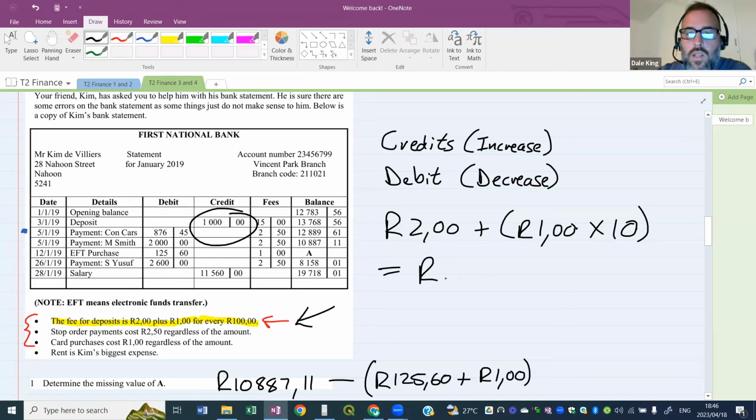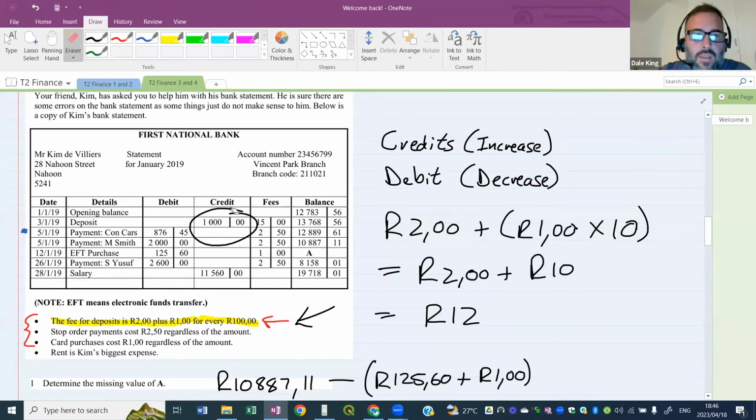So if we do this calculation, 2 Rand plus 1 Rand times 10, which is 10 Rand, we get 12. Okay, so this 15 Rand that the bank is charging Mr. De Villiers is wrong. They've changed the balance correctly, but that 15 Rand shouldn't be there. It should be 12, and we should change the balance in a different way.